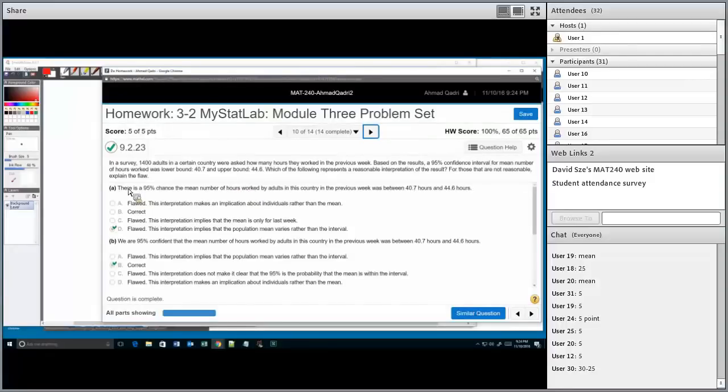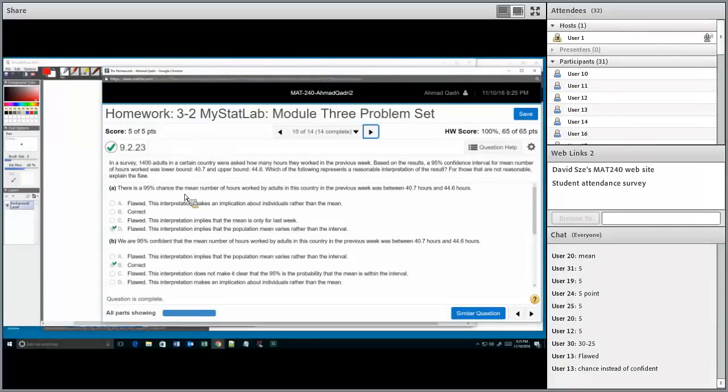Here's the first option. There's a 95% chance the mean number of hours worked by adults in this country in the previous week was between 40.7 and 44.6. Not right. What is the problem with it? The problem is that we're associating a 95% chance with the mean. That inherently means we're saying the mean, the average, will be varying or will move, because we're associating chance with it.